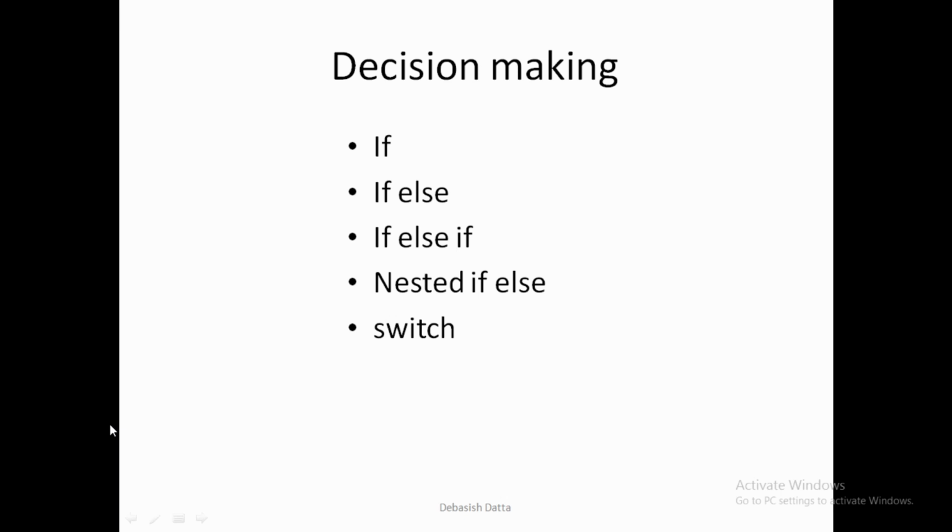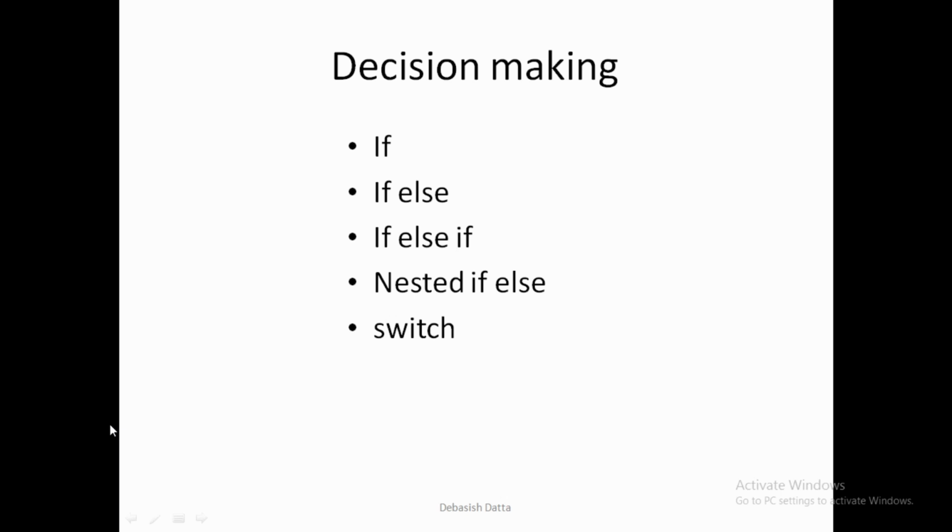Why decision making is required is that during the execution of the program, we want to perform the tasks in a certain sequence, and to generate that sequence we need to take some decisions.